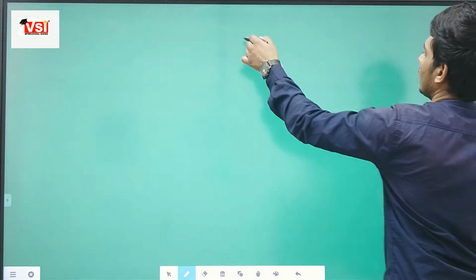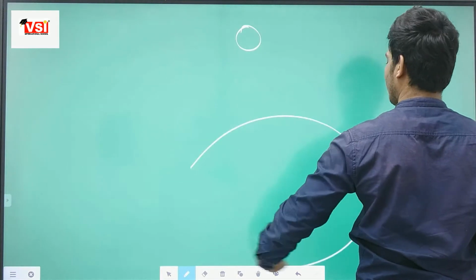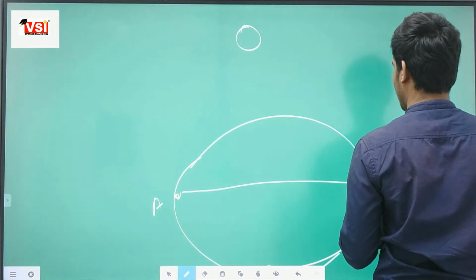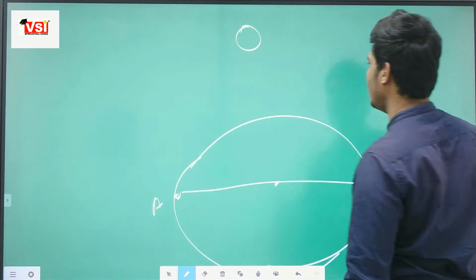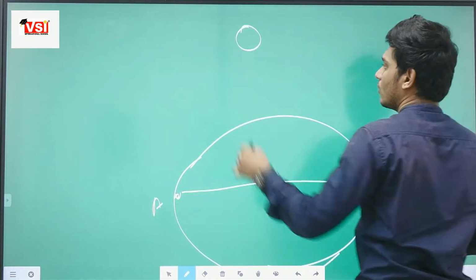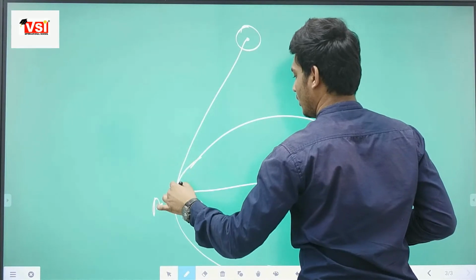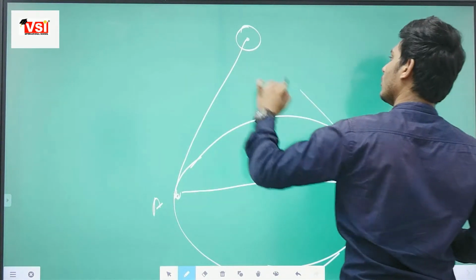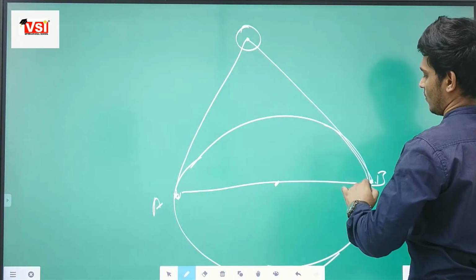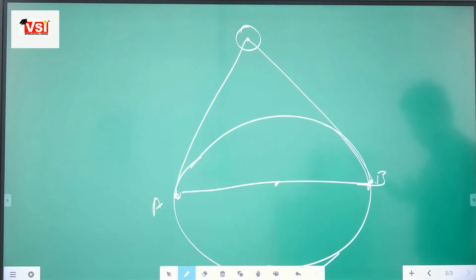So this is our Chanda Mama, the moon, this is our dear Mother Earth, this is point A, diametrically opposite point B, and the moon is observed from point A and point B. The angle theta subtended at the moon by the two directions of observation is 1 degree and 54 minutes.